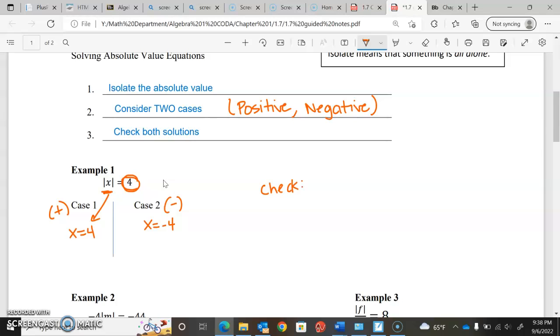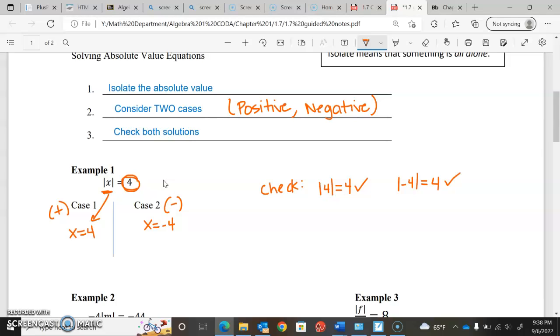This one's pretty simple. We go back to the original, plug in 4 for x. Is the absolute value of 4 equal to 4? Yeah, because 4 is 4 units away from 0. And then how about -4? Is the absolute value of -4 equal to 4? Yes, because -4 is also 4 units away from 0.